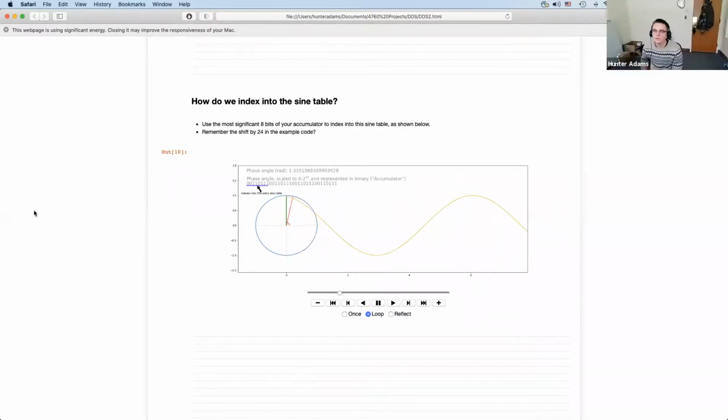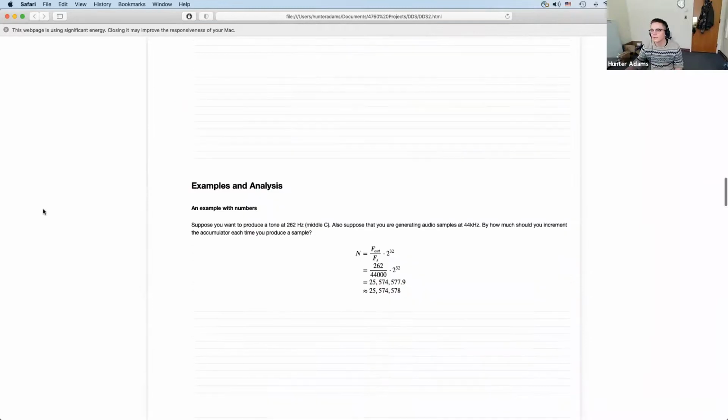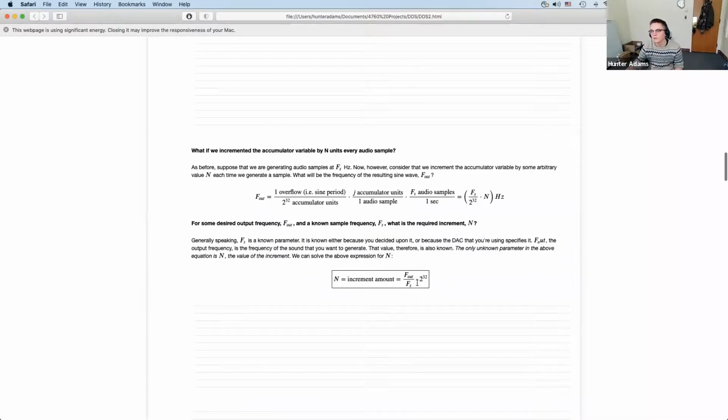I'll add too that there's nothing sacred in lab 1 about the sample rate of 44 kilohertz, which we've somewhat arbitrarily decided on. It can be whatever you want it to be. In the expressions here for calculating the increment amount, you just put whatever value you've decided on.